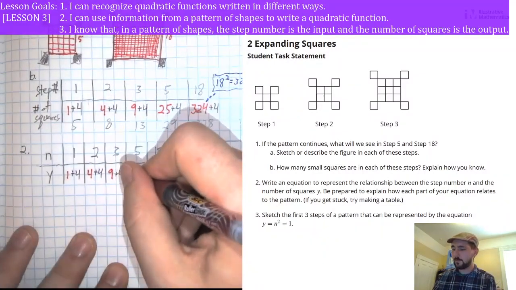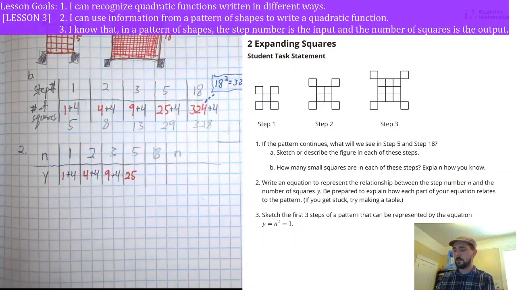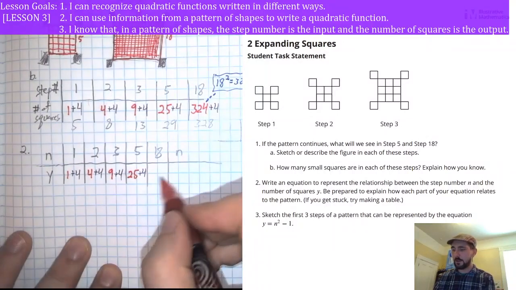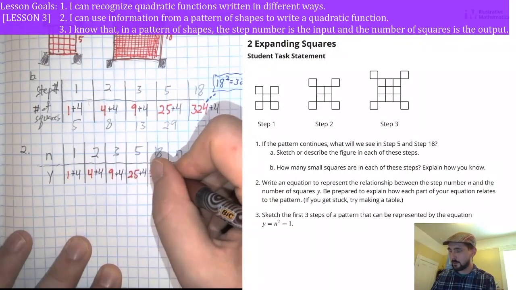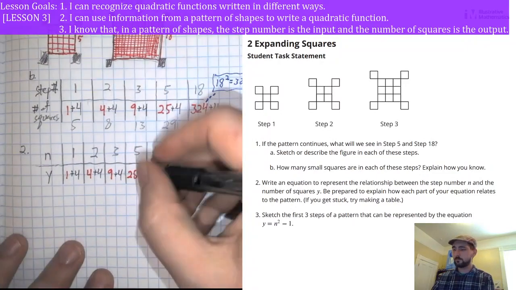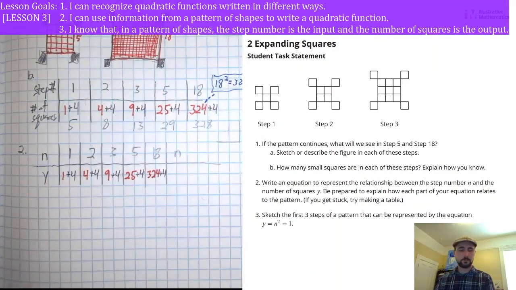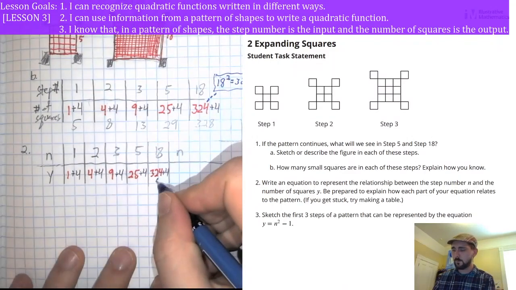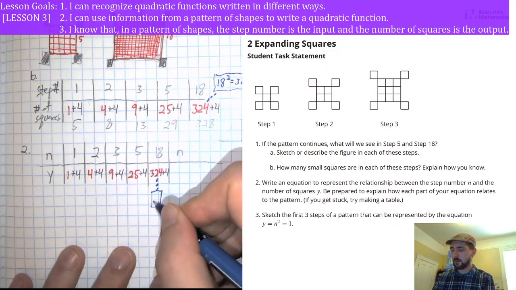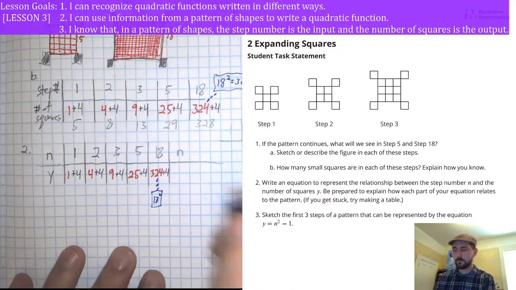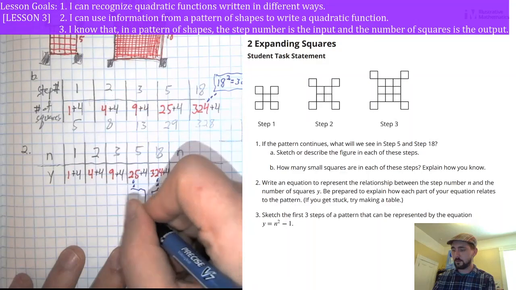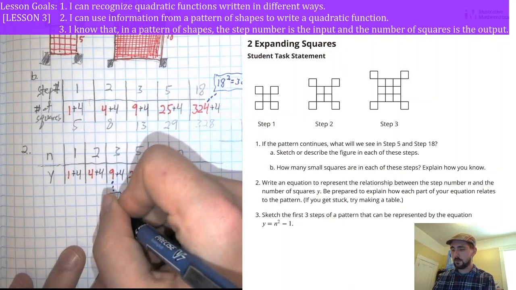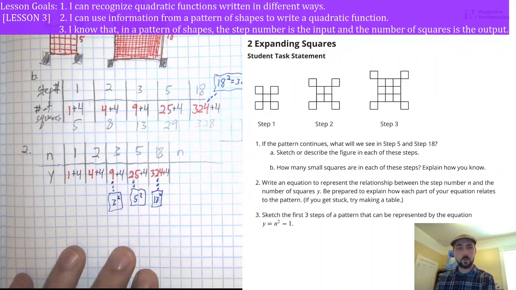For step 5, it was 25 plus 4. And for step 18, it was 324 plus 4. And remember, where did all these red numbers come from? Well, 324 came from 18 squared. 25 should look familiar. That's 5 squared. 9 is 3 squared.